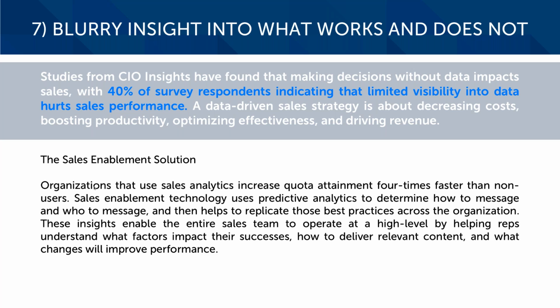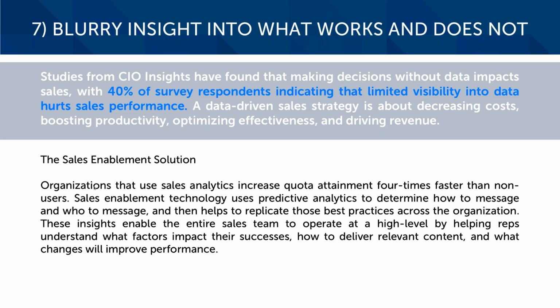So as a sales enablement organization, what are you looking at? You're looking at building a data-driven sales strategy that helps you do what? Decrease cost, boost productivity, and optimize effectiveness. This is what's going to help you drive the revenue. So you have to have the right set of analytics, reports, dashboards, but not to say, oh my God, look at this beautiful dashboard. Look at how many colors, look how cute it is.